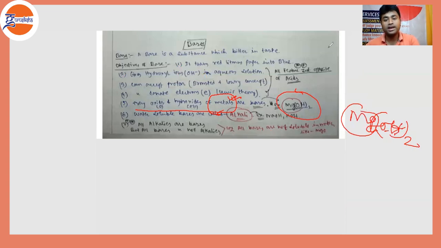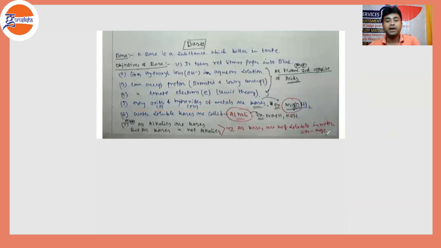So we can easily say that magnesium hydroxide is a base, due to two qualities: the hydroxide portion is present and magnesium is a metal.